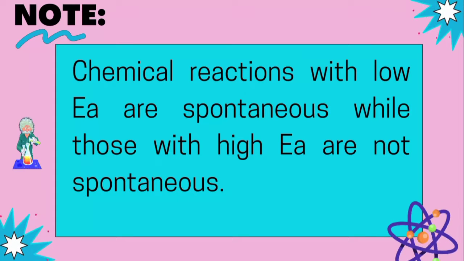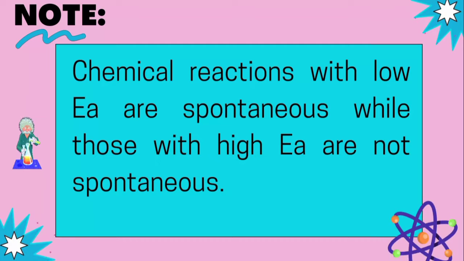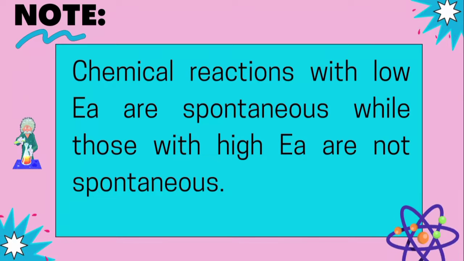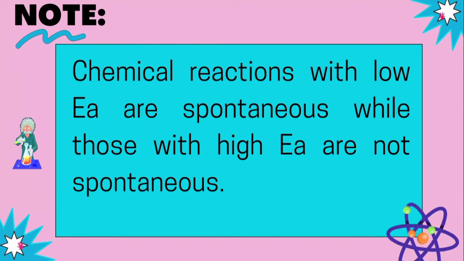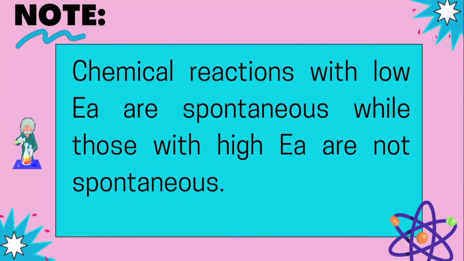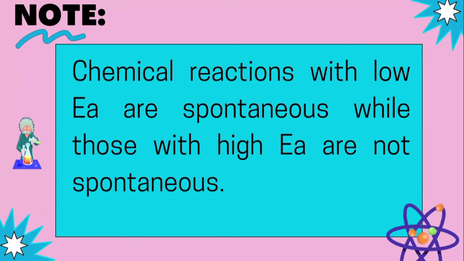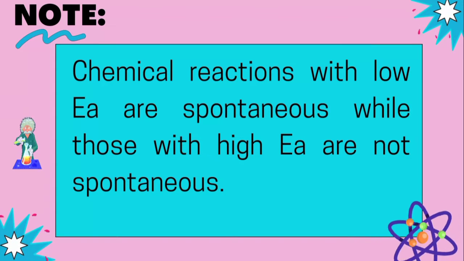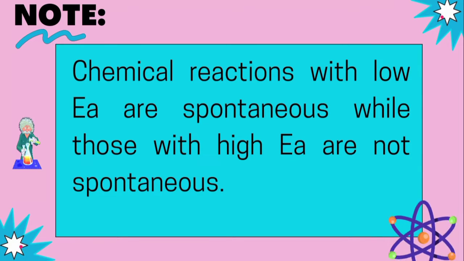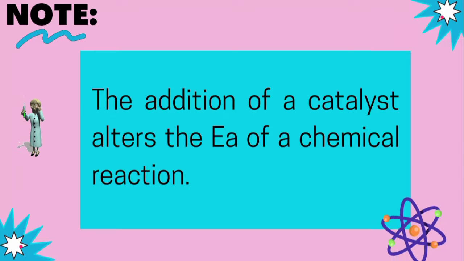Also, chemical reactions that have low activation energy are spontaneous at room temperature, while those that have high activation energy are not spontaneous, and so they need energy for them to be spontaneous. And this energy can be in the form of light, heat, or electrical energy. Once they are supplied, then the reaction will take place.